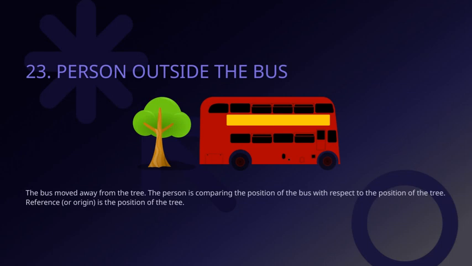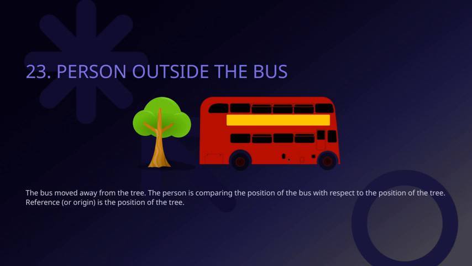Now let's look at what happens as the bus moves away from the tree. You see, we're comparing the position of the bus relative to the tree, which we are using as our reference point or origin. When the bus starts to move, its position relative to the tree changes. It's getting farther away. This illustrates an important concept. By choosing a reference point, we can describe the motion of an object relative to that point.